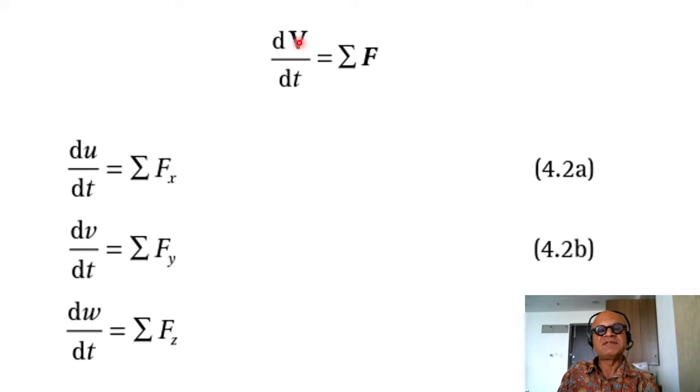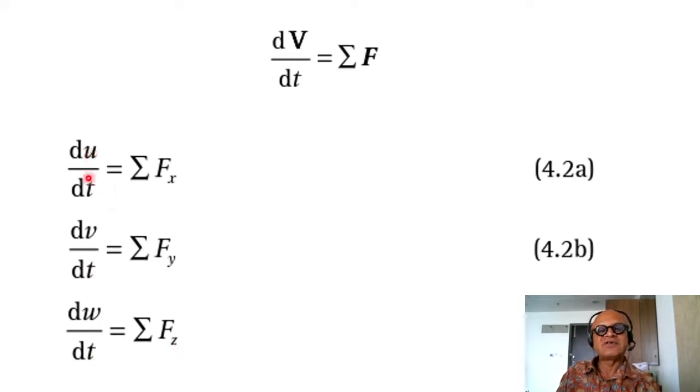So dV/dt per unit mass is what you typically look at for ocean and atmosphere, because you are thinking about parcels of air or water moving around, and that should be equal to the sum of all forces. You can split that vector into x, y, and z coordinates, writing du/dt equals the sum of Fx, dv/dt is the sum of Fy, and dw/dt is the sum of Fz.